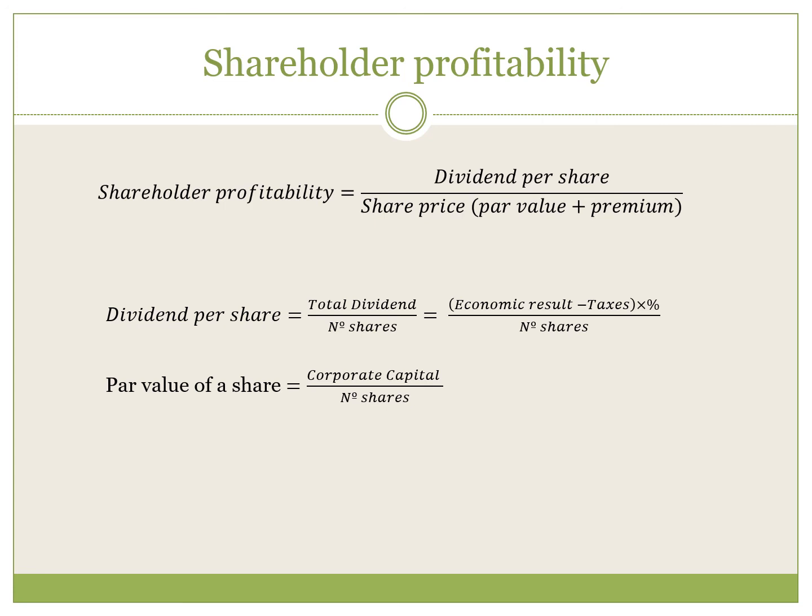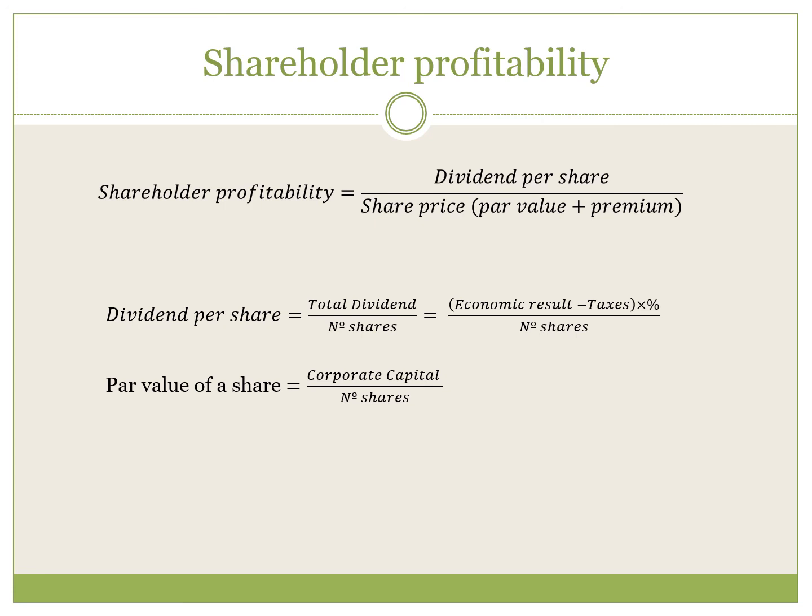The exercise should say something like, the company is going to give a 10% dividend. So you will do the economic result minus taxes, and once you have that amount, you multiply by the 10%. That way you get the total dividend. Then you divide it by the number of shares, which will be in the exercise, so you get the dividend per share.